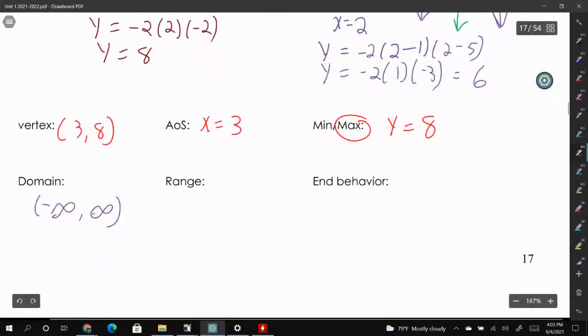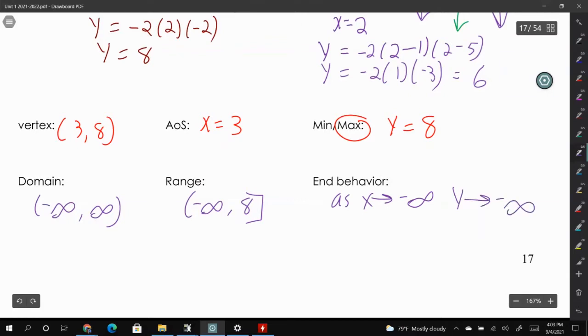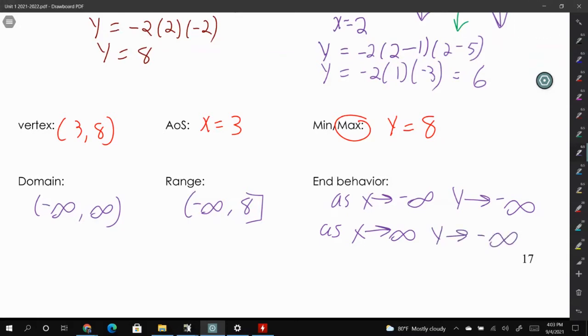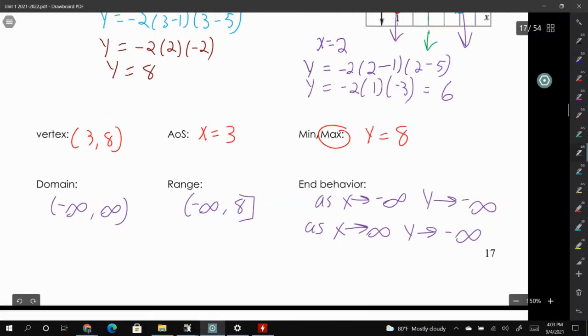In this case, it is 8. So range is negative infinity, comma 8. And end behavior, as x approaches negative infinity, y is also approaching negative infinity. And as x approaches infinity, y is approaching negative infinity because our parabola is opened downward.